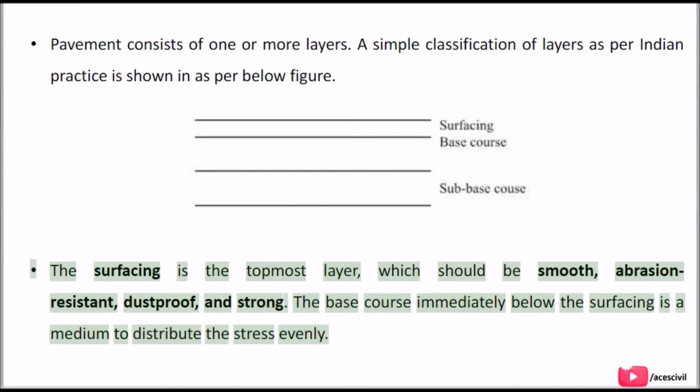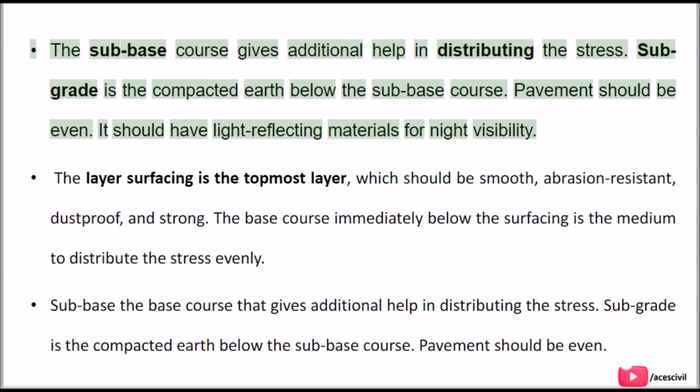The base course immediately below the surfacing is a medium to distribute the stress evenly. The sub-base course gives additional help in distributing the stress. Subgrade is the compacted earth below the sub-base course. Pavement should be even. It should have light reflecting materials for night visibility.